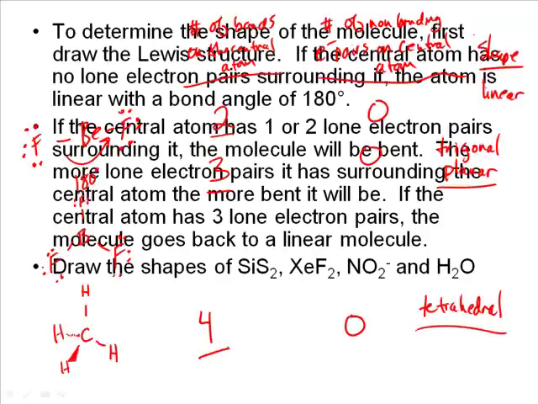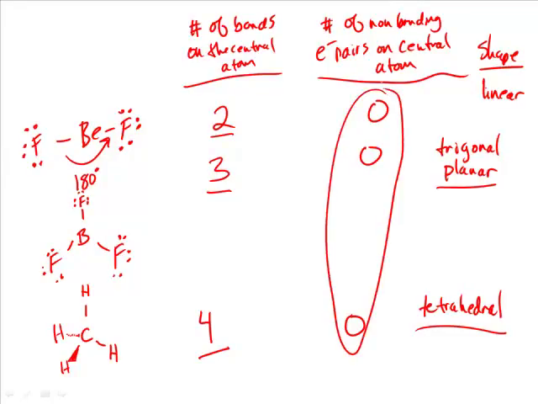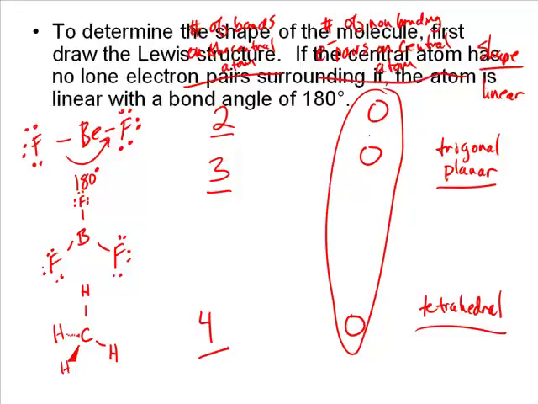So again, same thing as before, bonds and non-bonding on the central atom. And you'll notice that so far, everything that we've done under the number of non-bonding pairs on the central atom have all been 0. And that's okay, because we're going to get to other ones in just a little bit that don't have 0.